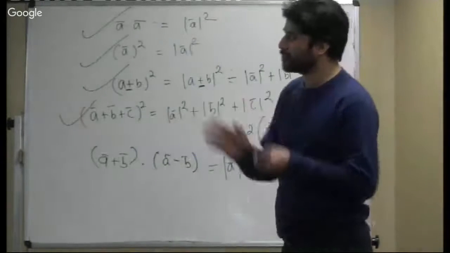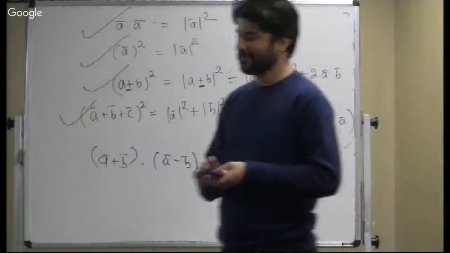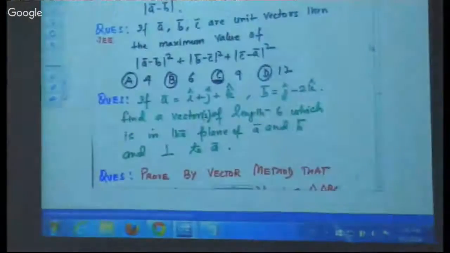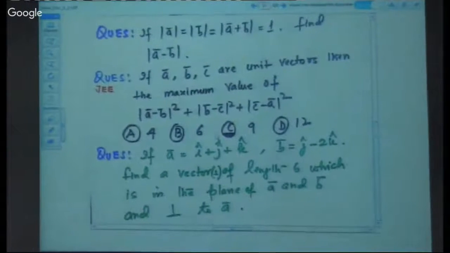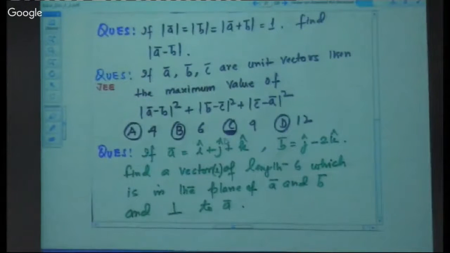Okay, now the question comes. If mod A is equal to mod B is equal to mod A plus B is equal to 1, they all are unit vectors. Find mod A minus B. How to go for it?